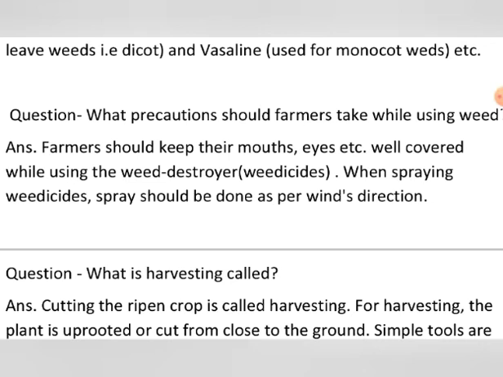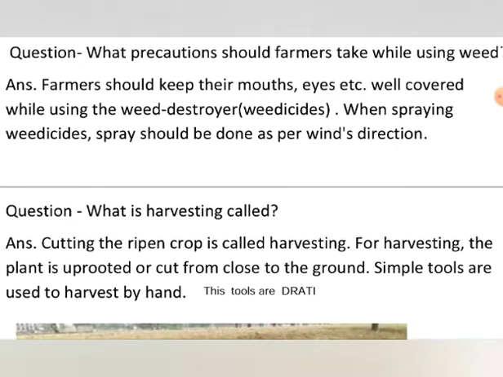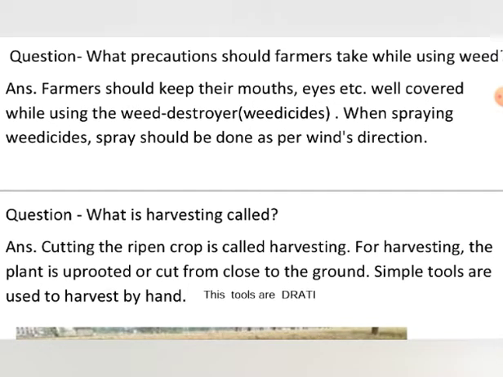What precautions should the farmer take? The farmer should keep their mouth and eyes well covered, because these weedicides are poisonous in nature, and when they come in contact with the mouth and eyes, they can harm us. They can cause vomiting, and other side effects can sometimes be fatal.